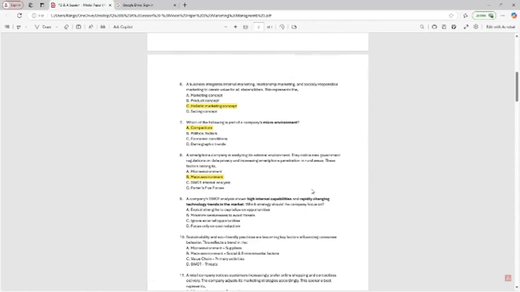The answers are a little bit complex, but if you read carefully and go through the slide set, I think you can get the correct answer quickly.